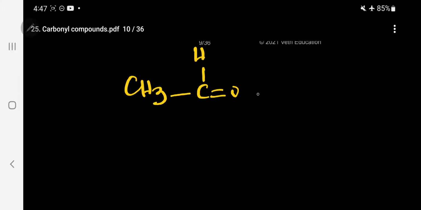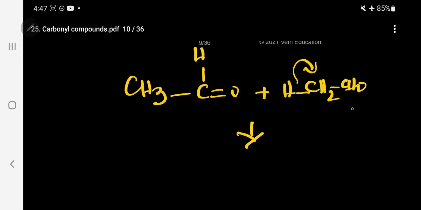So this is one molecule. Another molecule I will write like this, CHO. So what is happening now? In the presence of KOH, OH will take this hydrogen to form water. So it is producing an anion, CH2 minus.